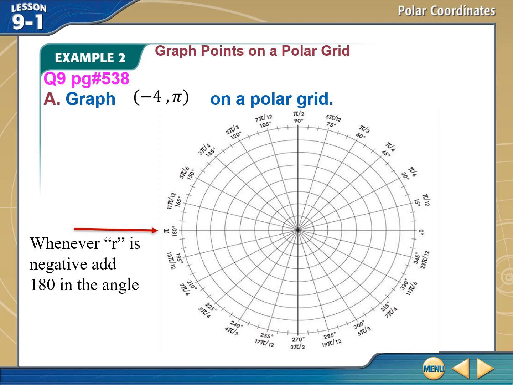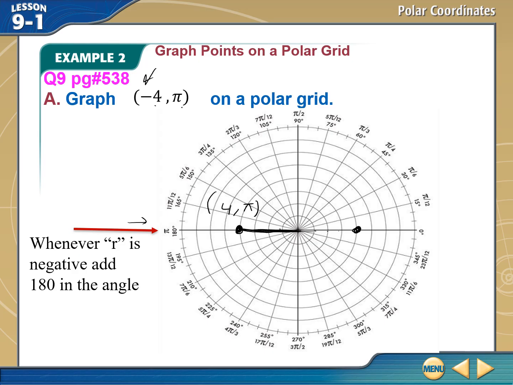Next, negative 4 and pi. First of all, only find the 4 and pi, ignoring the negative sign. Where is the pi? Here is the pi, on the fourth circle. So first circle, second circle, third circle and fourth circle. This is your 4 and pi. But you need negative 4 and pi, so you go in the opposite direction: 1, 2, 3, 4.